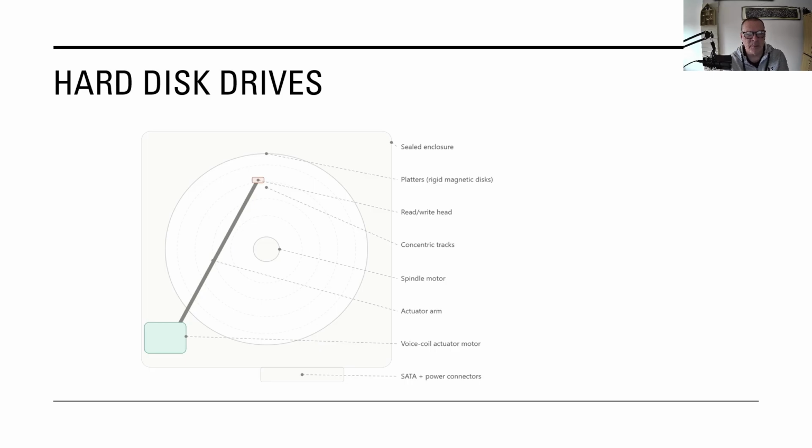And that actuator arm is controlled by a motor. It's called a voice coil actuator motor to allow extremely fine, very controlled movements of the read-write head. Data is organized on the disks in tracks, and then they're split up into sectors. In the middle, there's a spindle motor that spins the disk around, and then you have connectors that allow you to connect it to your motherboard on the computer, or to, say, a USB port.